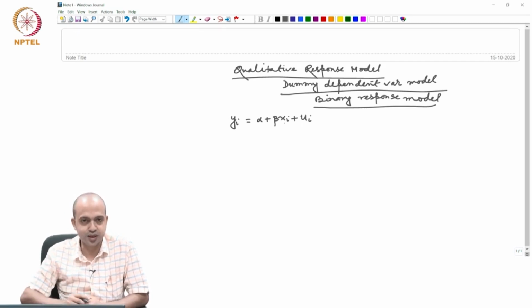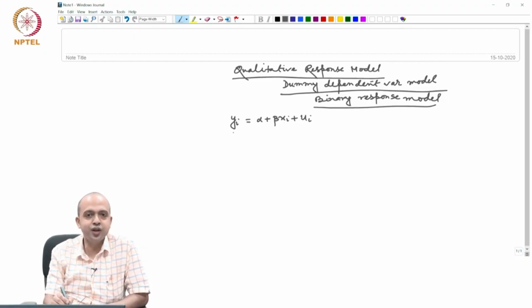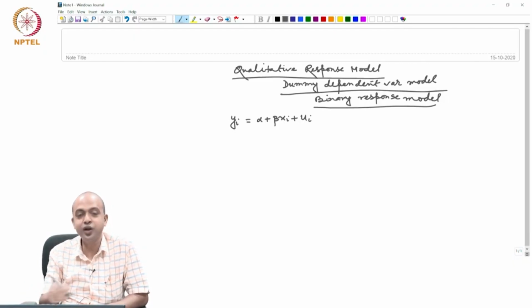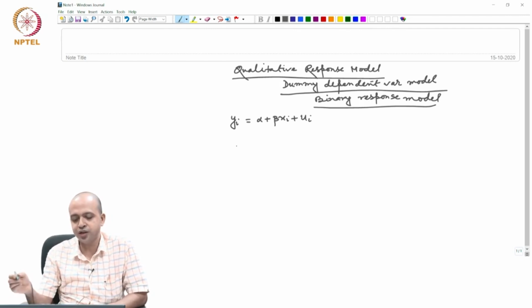So, when the independent variable is qualitative in nature, we said that we have to convert this qualitative information into a quantitative one using the dummy variable approach. Now, the same dummy variable we can apply in this context also when your dependent variable is qualitative in nature. That is why the name dummy dependent variable model, qualitative response model, or binary response model.